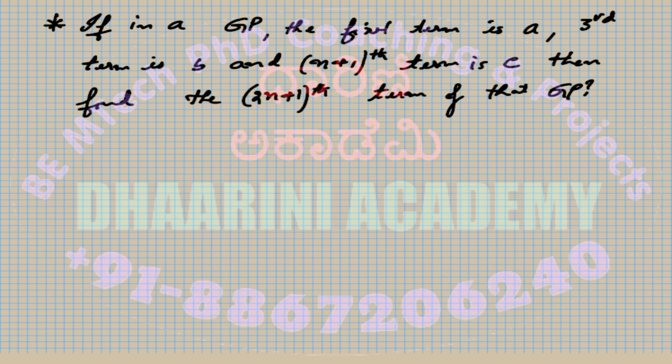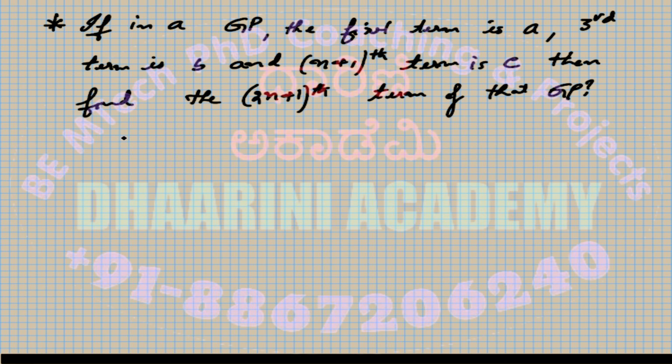Okay. So first term is A, then what is the equation for third term? T3 is equal to A into R square, correct? Let R be the common ratio, and A is the first term they have given. A into R square is nothing but the third term.